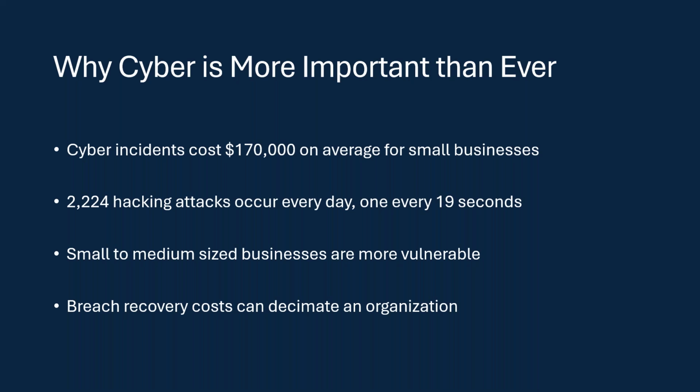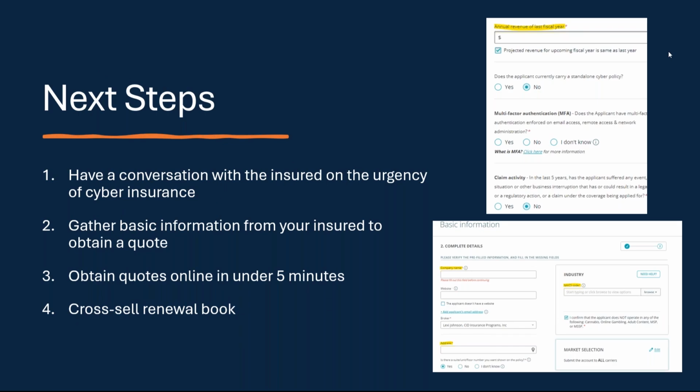A lot of small businesses think that they're too small to experience a cyber attack, but they're actually the most vulnerable because they tend to not have those security measures in place. So it's an easy attack for a cyber criminal. So knowing all this information, what are your next steps? First, have that conversation with your insured on the urgency of having a cyber liability policy in place.